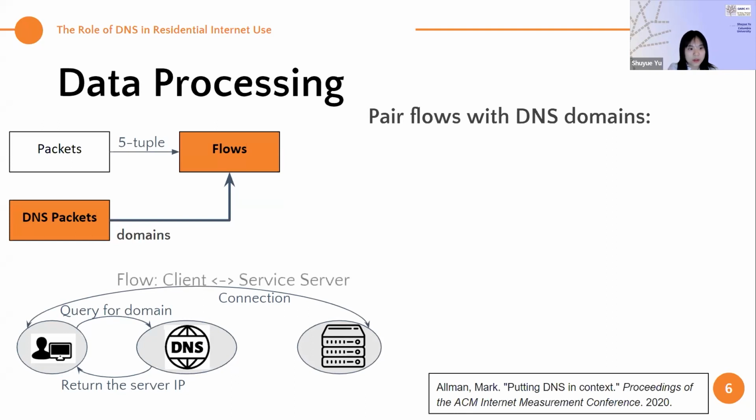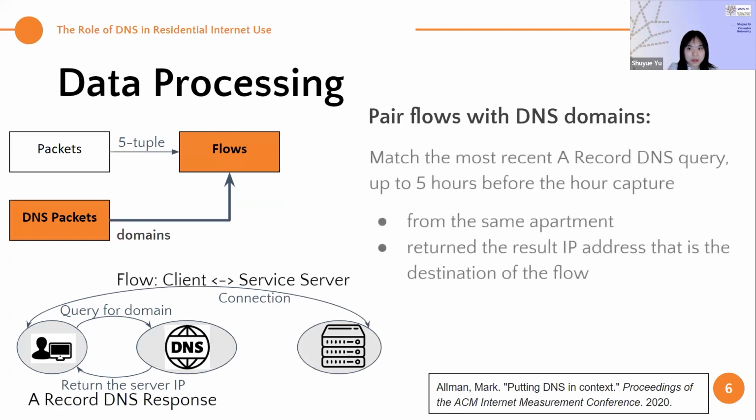Therefore, for a flow from a particular apartment, we look for the most recent A-record DNS query that's from the same apartment and that returns the result IP address, which is the destination of the flow. This method is also used in a paper in 2020.